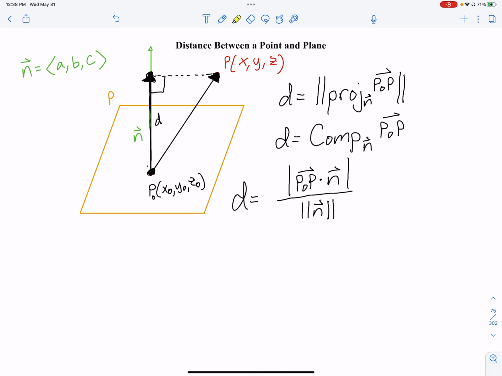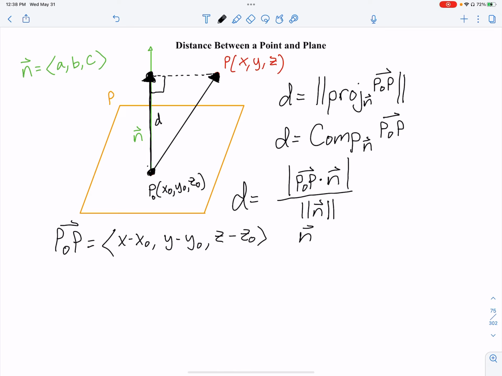All right, well, we can work backwards with this. The vector p naught p is actually, if we were to define it, P minus P naught. I got X minus X naught, Y minus Y naught, and Z minus Z naught.